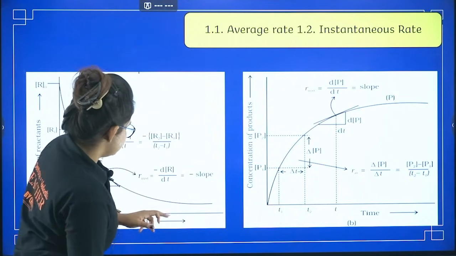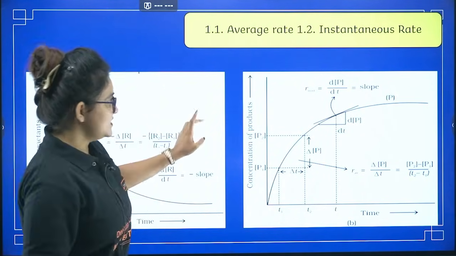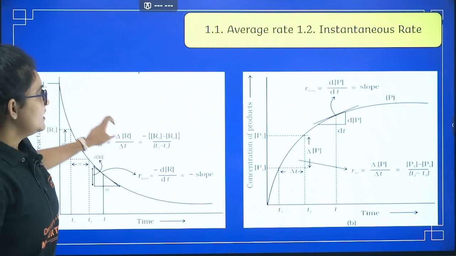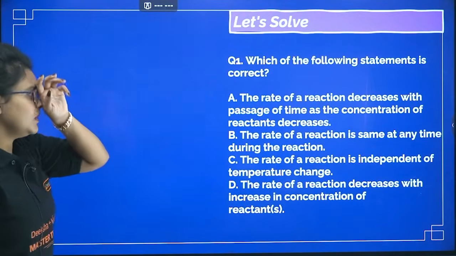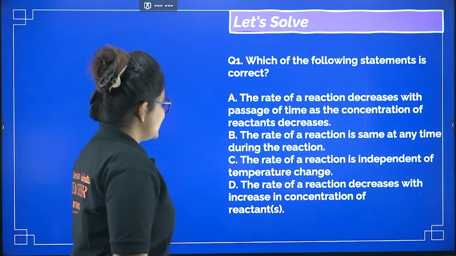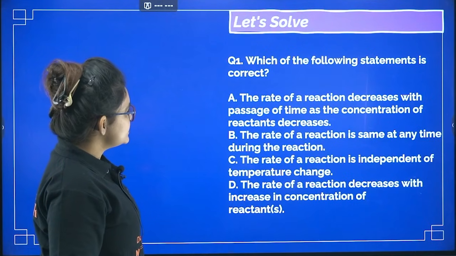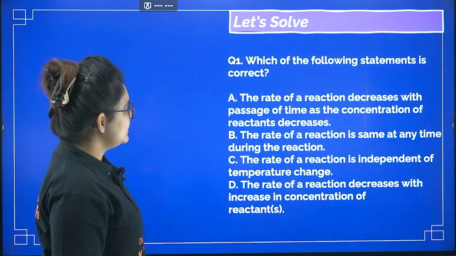So this is the graph with respect to reactant, and this is the graph with respect to product. I guess this is clear to you. Let's proceed further. One problem is there, let's solve it. Which of the following statements is correct? The rate of a reaction decreases with the passage of time as the concentration of the reactant decreases.